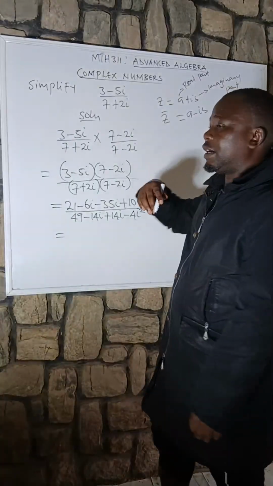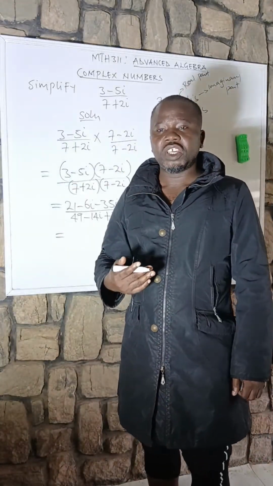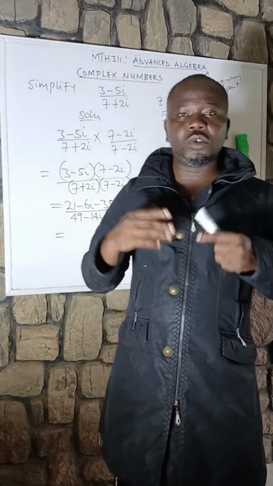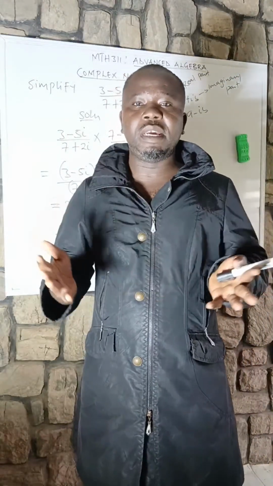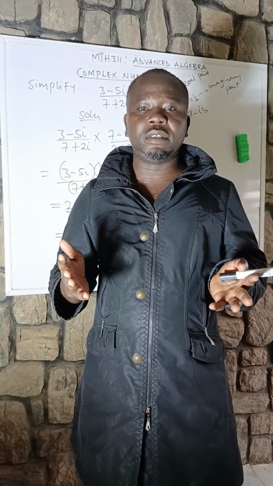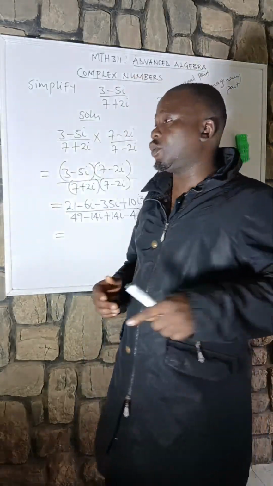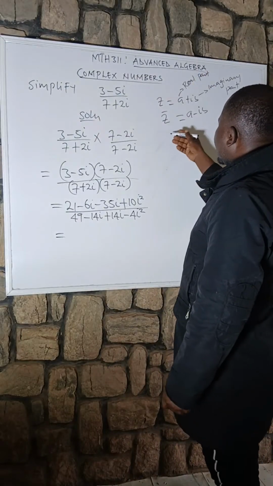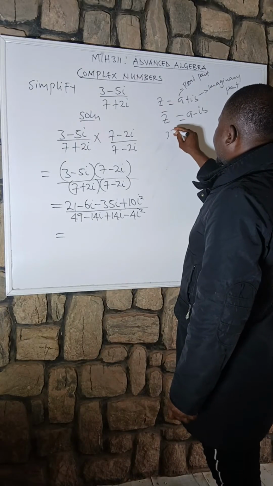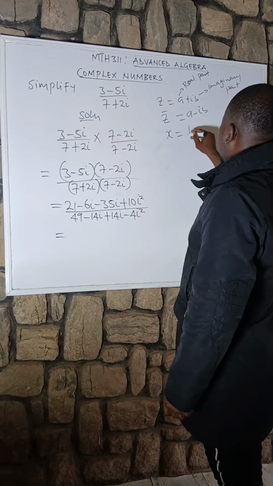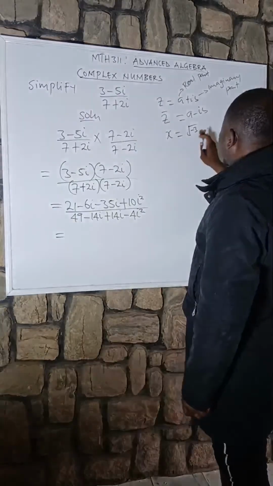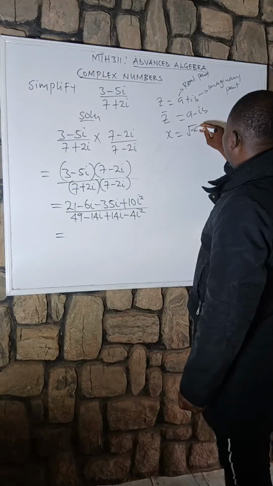As long as complex numbers are concerned, sometimes we solve quadratic equations to obtain complex roots. True or false? Yeah, it's true. So now, assuming you solve x equals minus 3, or let us say minus 4.